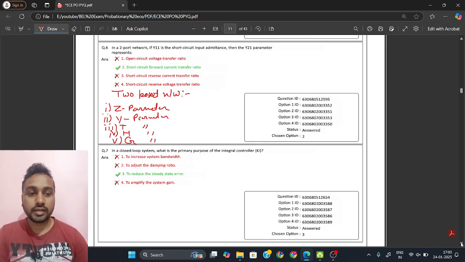Okay, we have this kind of parameters in a two-port network.